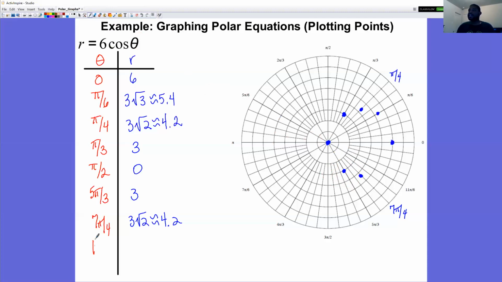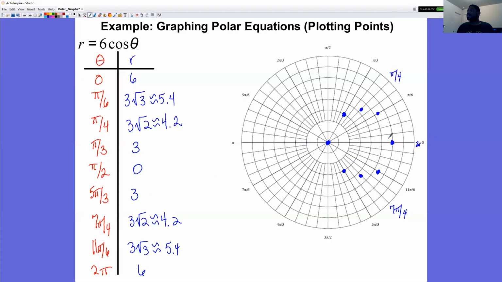And then 11 pi over 6, you substitute that in, that gives you a value of 3 square root of 3, which is 5.4. So 1, 2, 3, 4, 5, and about right there, close to the middle. And then at 2 pi, you get back to 6.